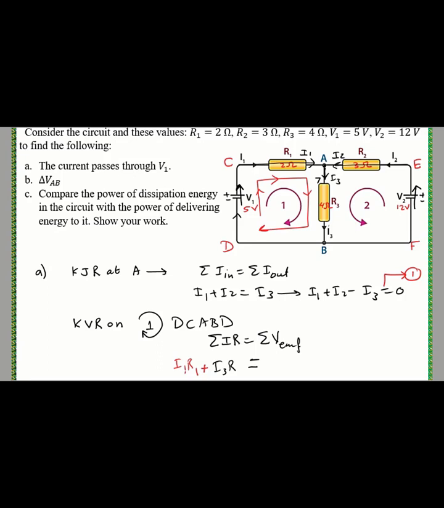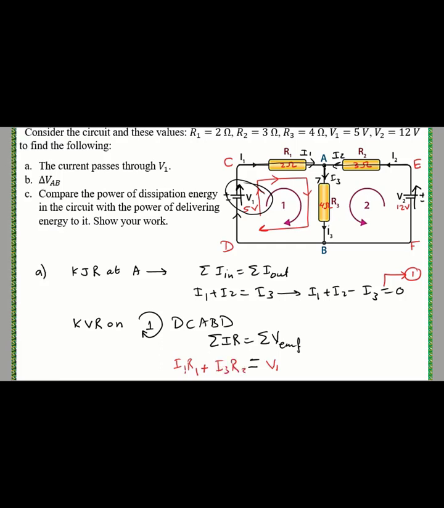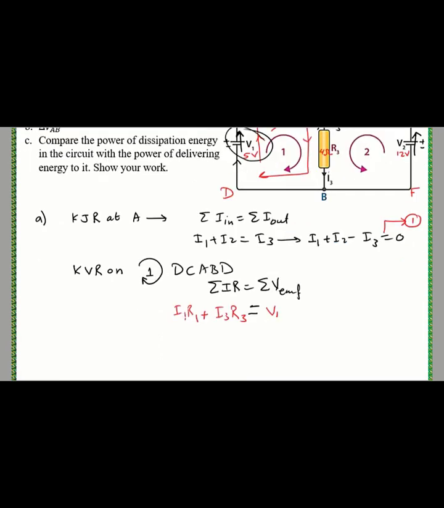Now from D to C, we have V1, and it is in the same direction of the analyzing, so it is positive, V1. From C to A, there is no battery. From A to B, there is no battery. From B to D, there is no battery, so we are finished with the battery. Only one battery in this loop.